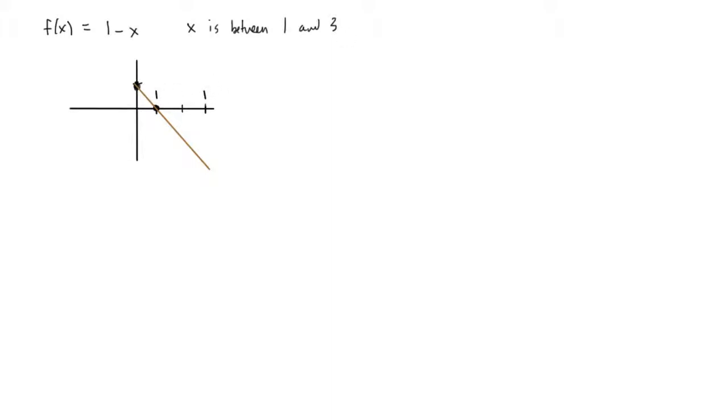So we've got 1 and 3, and then I want to shade in the area that is between this curve and the x-axis. And I'll go ahead and do that in red here because, as we can see, it's all below the x-axis.